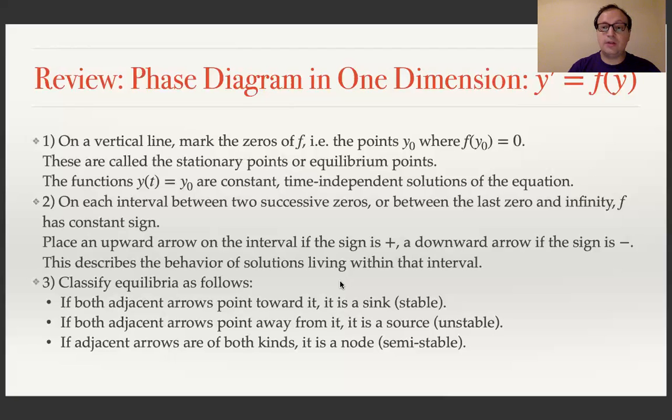The reason for that is that the points y0 such that f of y0 is equal to 0 will give constant solutions of our equation, which are called equilibria, or stationary points. So the functions y of t is equal to y0 are constant solutions of our equation.